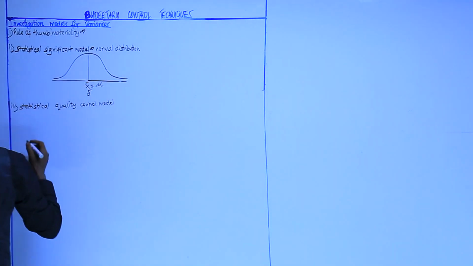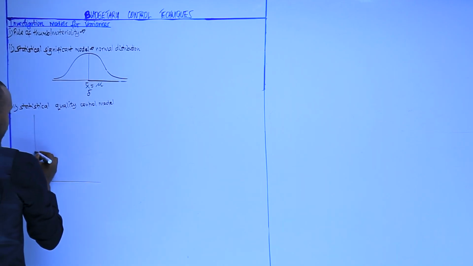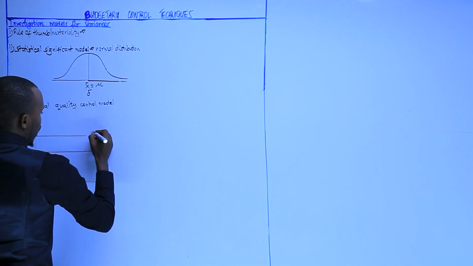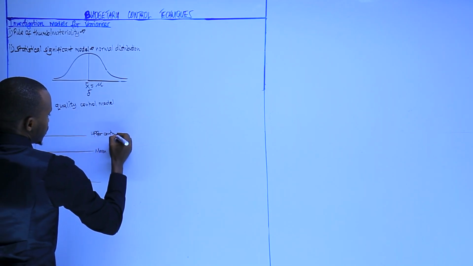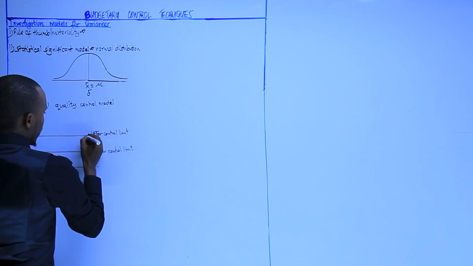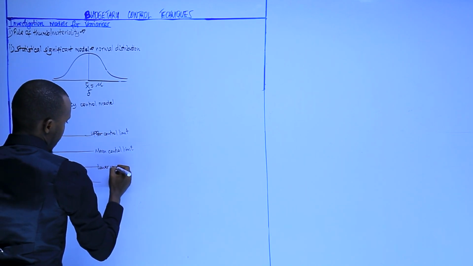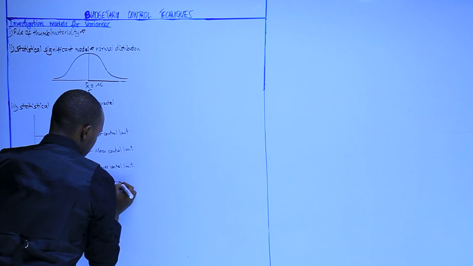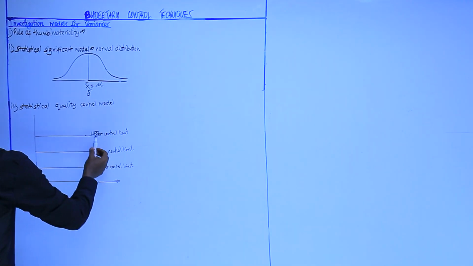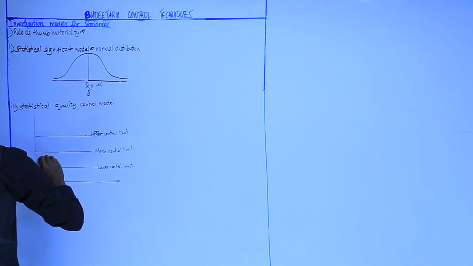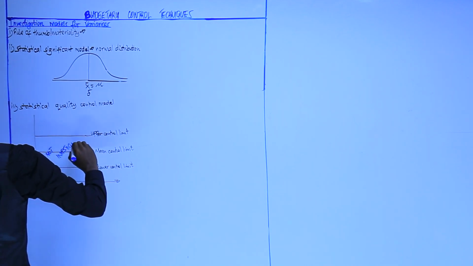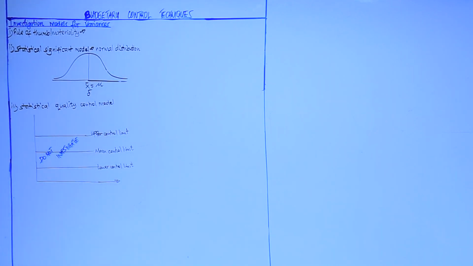For example, you may have your mean, your upper control limit, and the lower control limit, such that if your variance falls between the upper and the lower, you do not investigate the variance.